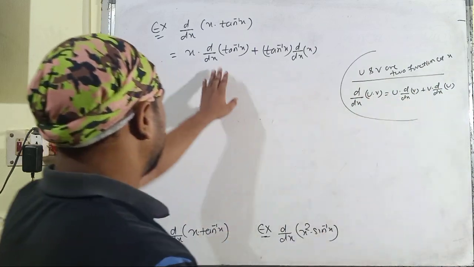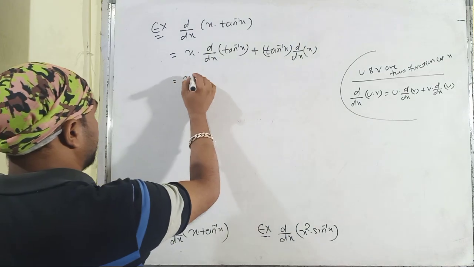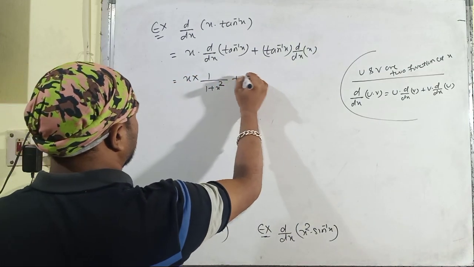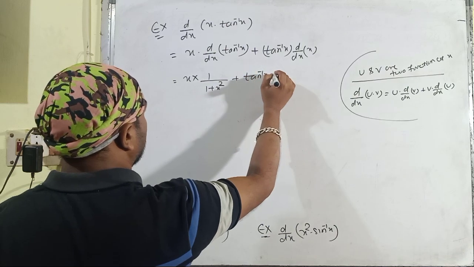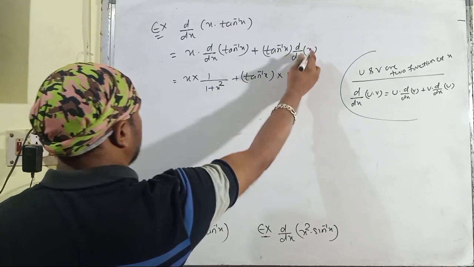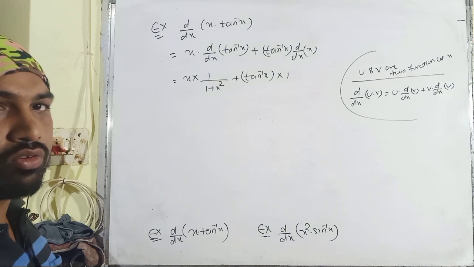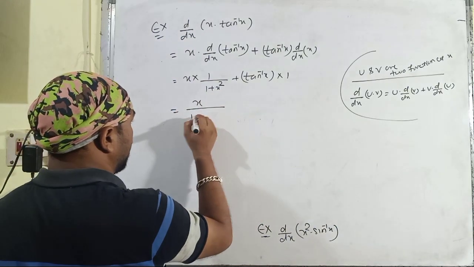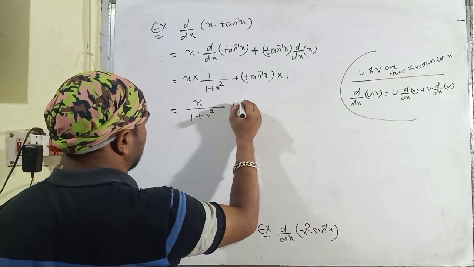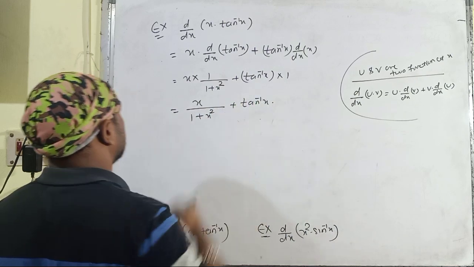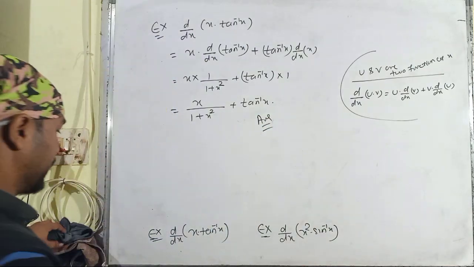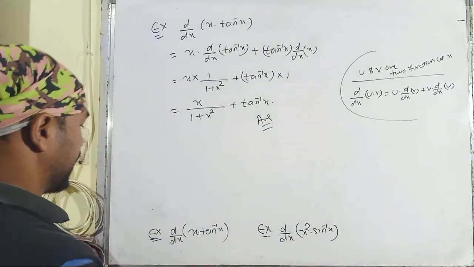I have applied that here: x multiplied with 1 upon 1 plus x square plus tan inverse x multiplied with 1, because differentiation of x with respect to itself is always 1. So it is x divided by 1 plus x square plus tan inverse x, and here it is the answer for the given problem. Then let us go through the next problem.